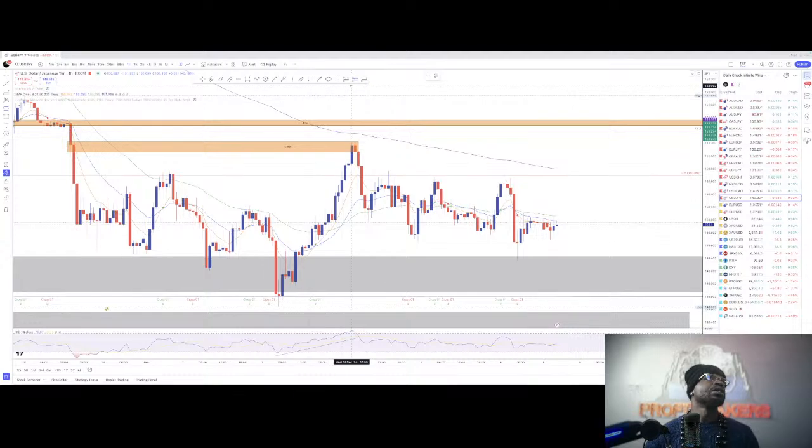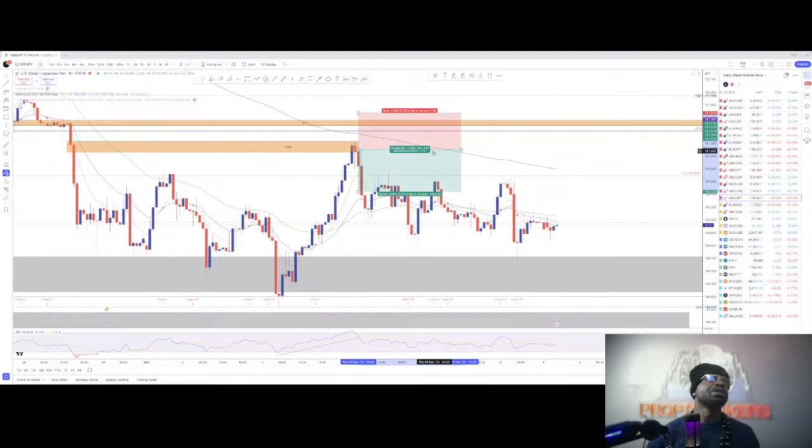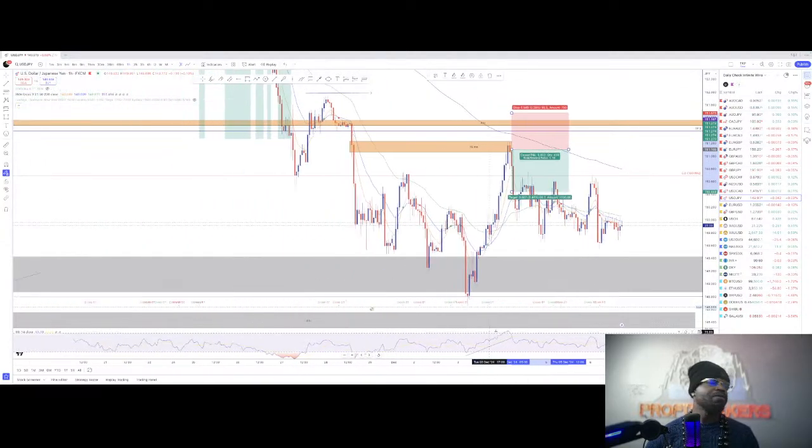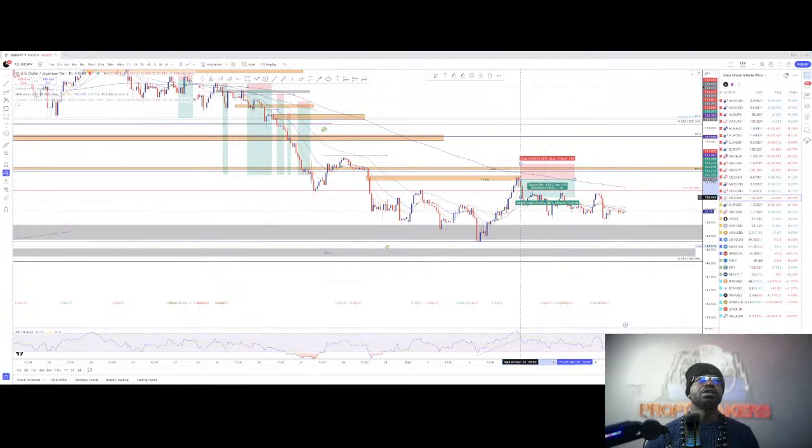Got it. The entry on USD JPY is right here. Stop loss is above this high. 382.